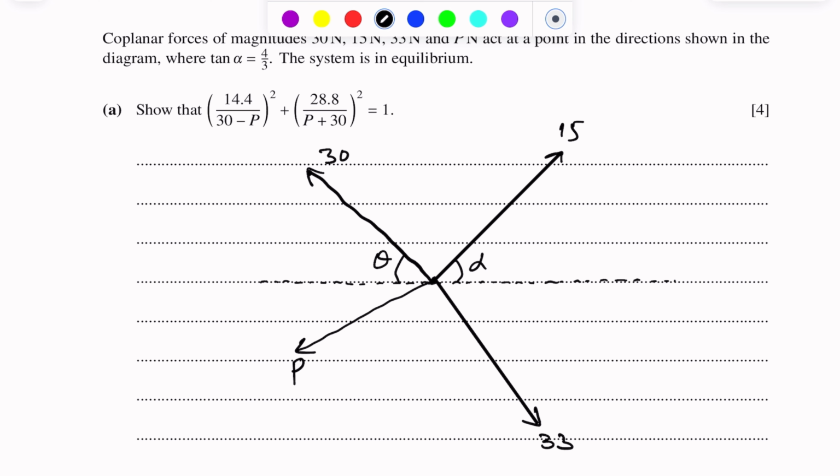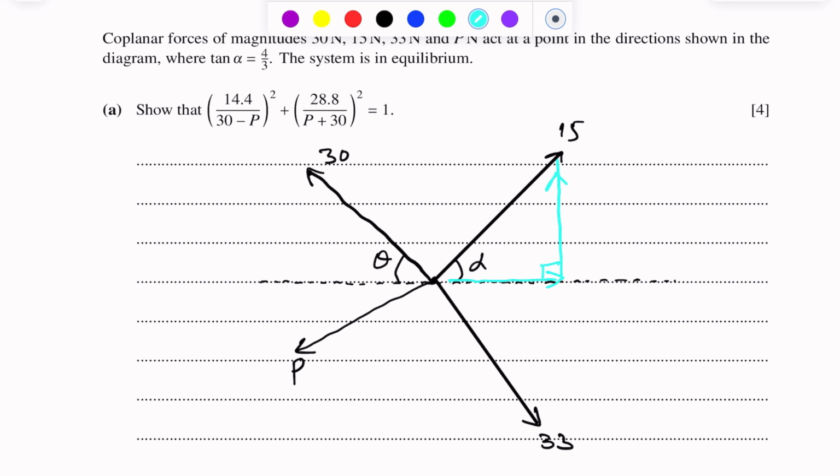First we resolve the 15 Newton force and find its rectangular components. These are the rectangular components of this force: horizontal component and vertical component.